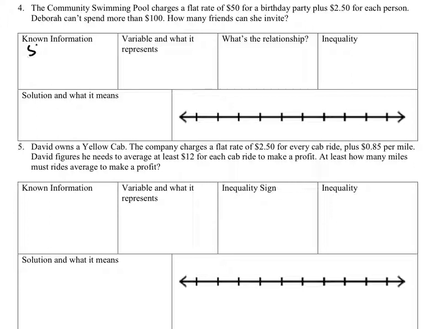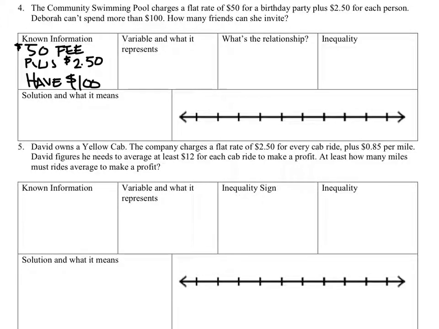There's a $50 fee just for wanting to have the party there. They call it a flat rate, $50. But then in addition to that, it's going to cost us $2.50 for each person. And all we have on these is $100.